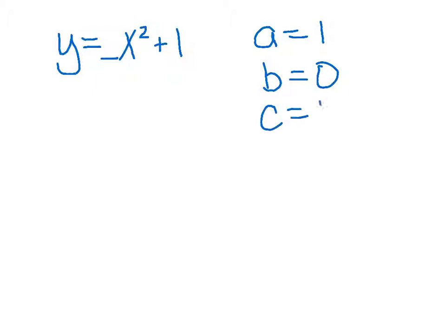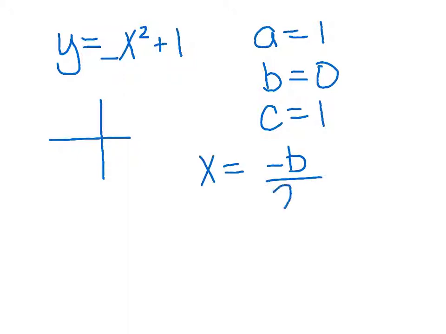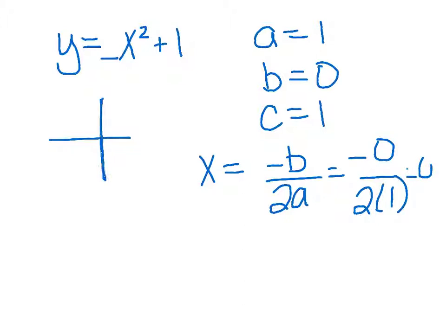And our c this time is 1. So let's go ahead and find the line of symmetry. The negative b over 2a. Again, we have minus 0 over 2 times 1. So the line of symmetry is this, not x-axis, y-axis.